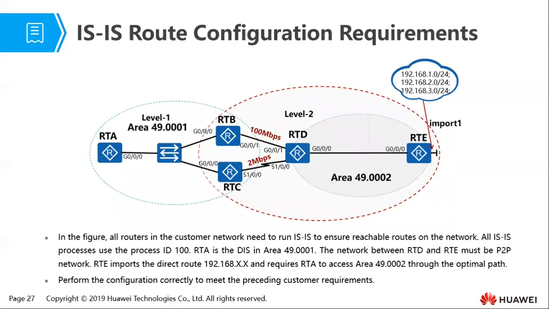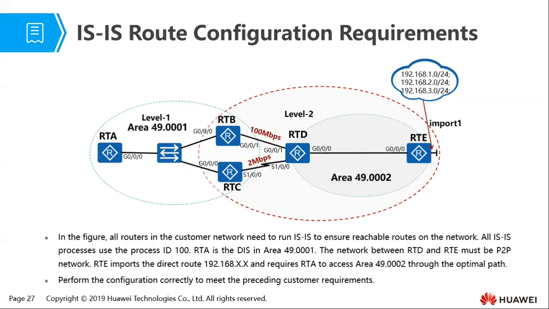So how do we configure? Can someone help us read these particular requirements? A volunteer, please, as we wind up. In the figure, all routers in the customer network need to run intermediate system to intermediate system to ensure reachable routes on the network.